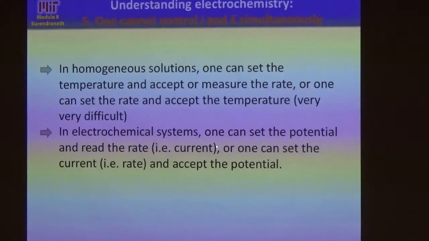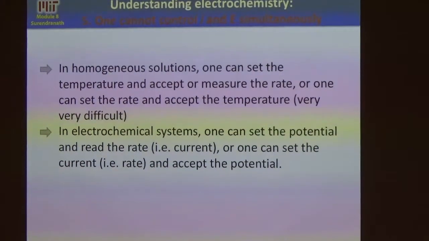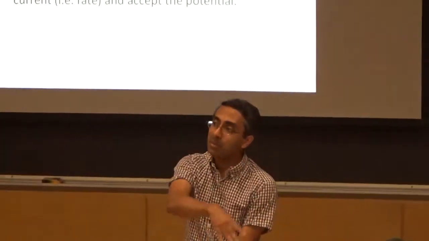You can set the potential and measure the rate, which is the current, or you could set the current, the rate, and accept the potential. So if I had a given reaction and wanted to make sure it went at 100 times per second, I could set the current necessary to achieve that, which would simply be 100 times per second times some constants, Faraday's constant and the number of electrons.